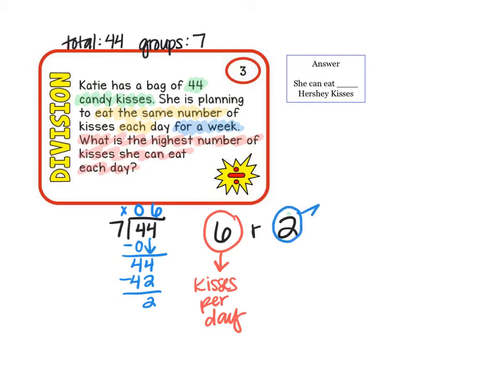This 2 tells me that there will be 2 kisses left over at the end of the week. So I'm again going to drop the remainder, and I know that she can eat 6 candy kisses each day for the whole week. But she can't eat any more than that if she wants to eat the same number each day.